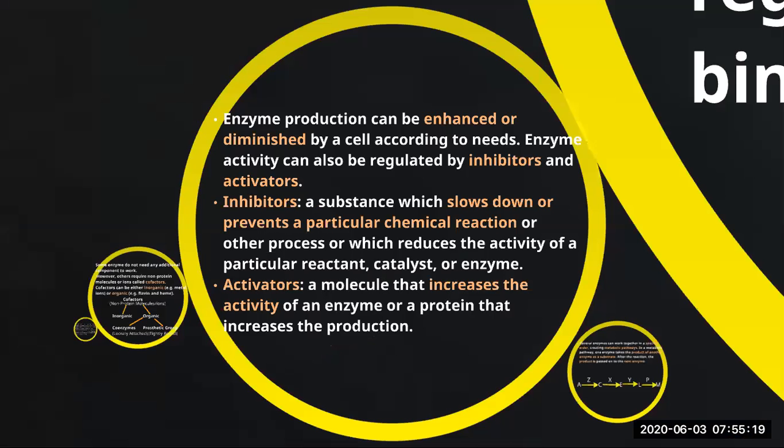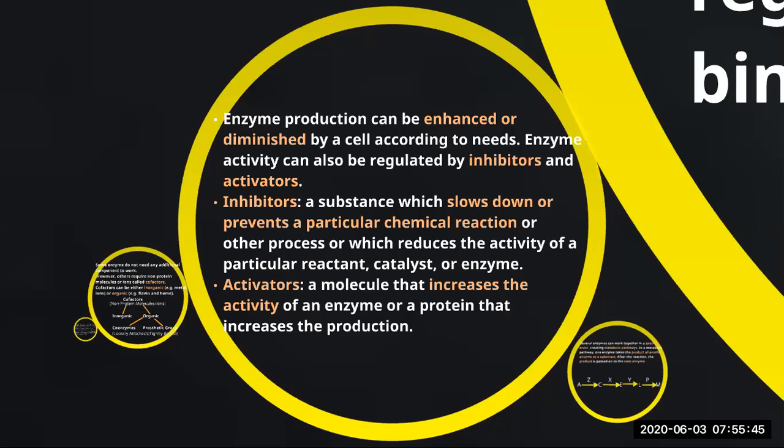Now these are the next points of characteristics of enzymes. Enzyme production can be enhanced or lessened according to the demand of the cell. You can increase their production or lessen their production, and it is done by inhibitors and activators. Now the question is, what are inhibitors and what are activators?